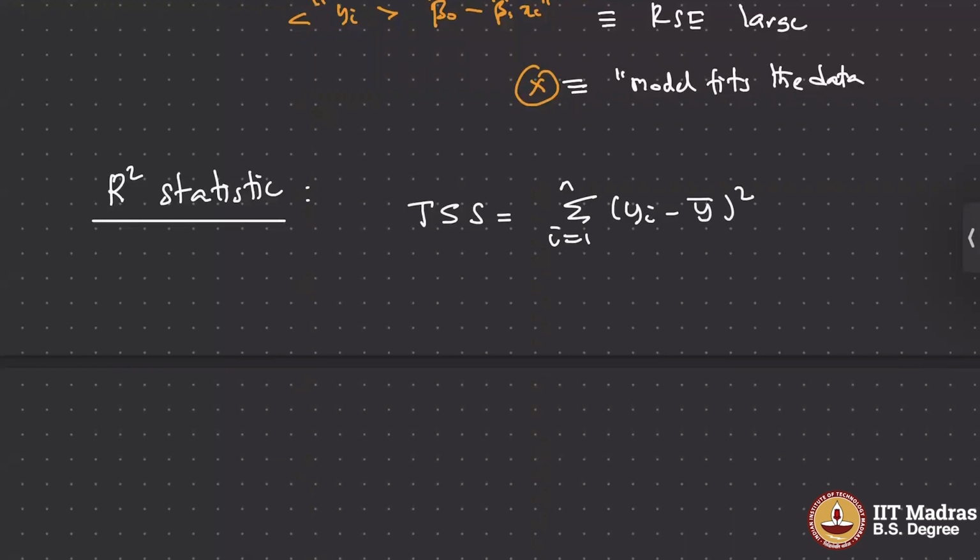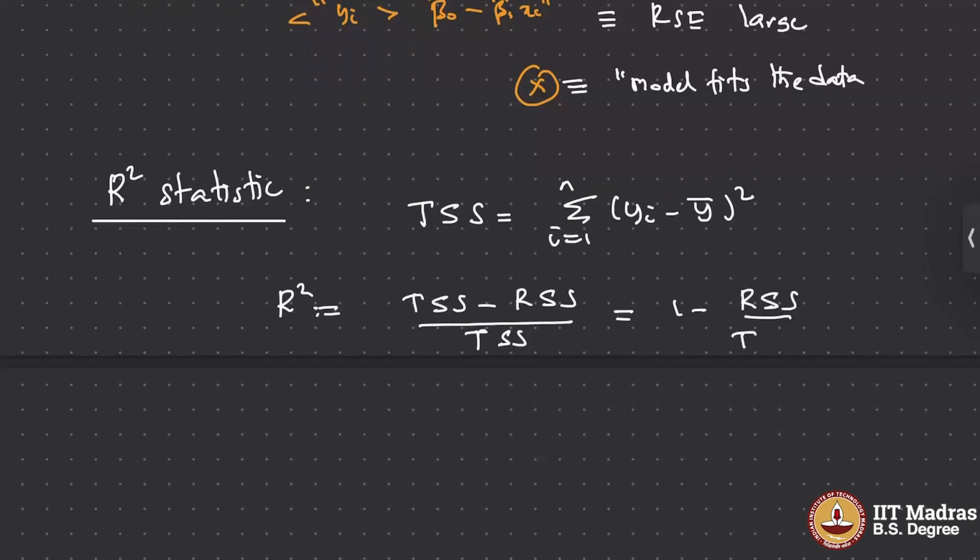And RSS we know what it is. The R-square statistic is defined as TSS minus RSS, the whole thing divided by TSS, so it is equal to 1 minus the residual sum of squares divided by the total sum of squares.